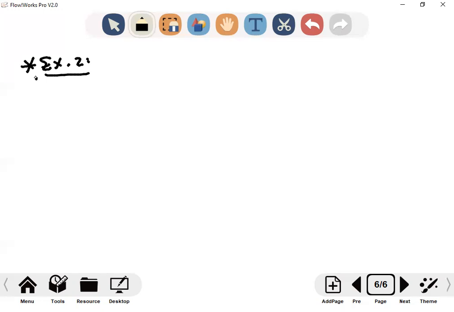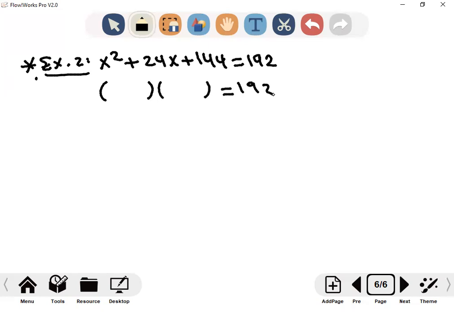It's the same. Now by completing the square, check the idea. Half of 24 is 12. 12 power 2 is 144, right? So if you want to factorize it, both are plus, positive: x plus 12 and x plus 12.